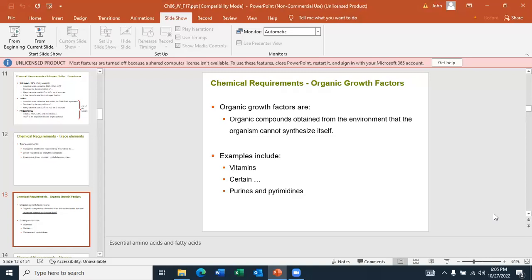Nobody has a guess? All right, vitamins, like vitamin C, are an organic growth factor. We must obtain it from our diet because we cannot make it. So vitamins, certain amino acids and fatty acids are organic growth factors as well. Any question about any of that?